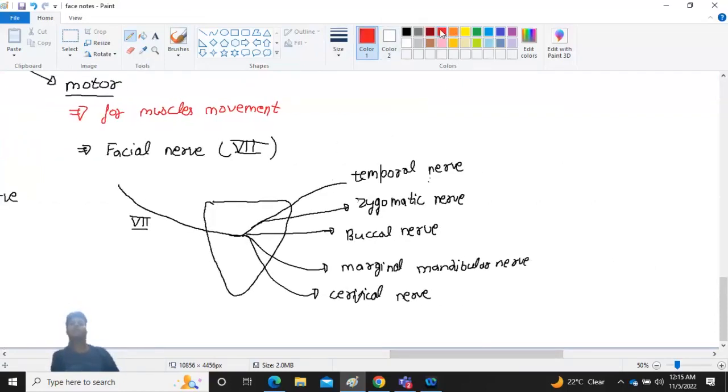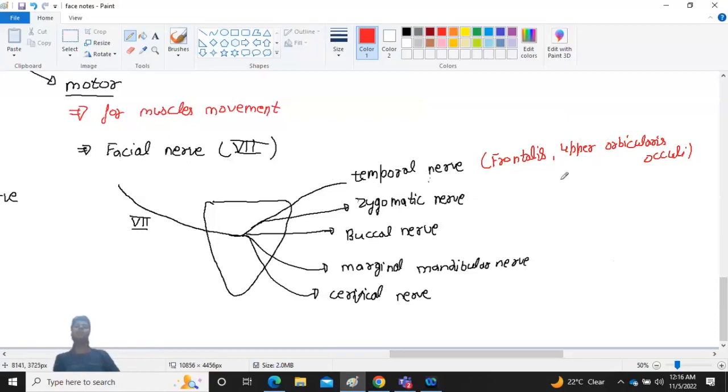Basically, the temporal is the most superficial, so it supplies the muscles of the forehead region: frontalis, upper portion of orbicularis oculi, and corrugator supercilii.